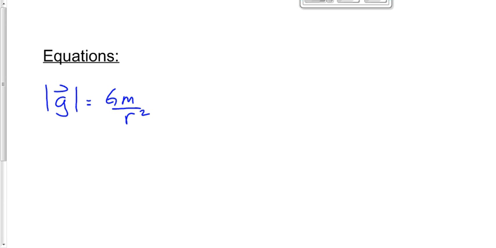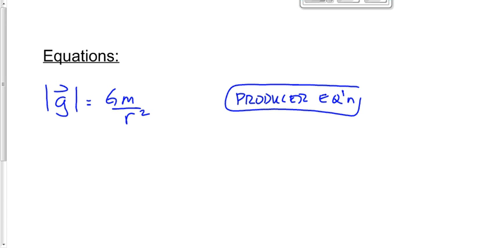This is the field surrounding a producer. We call it the producer equation. If we have information about what causes the field, we can use this equation. G is 6.67 times 10 to the minus 11.